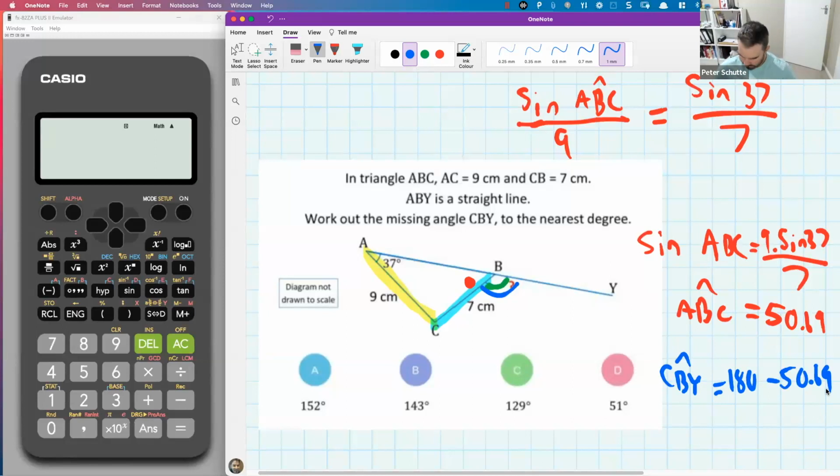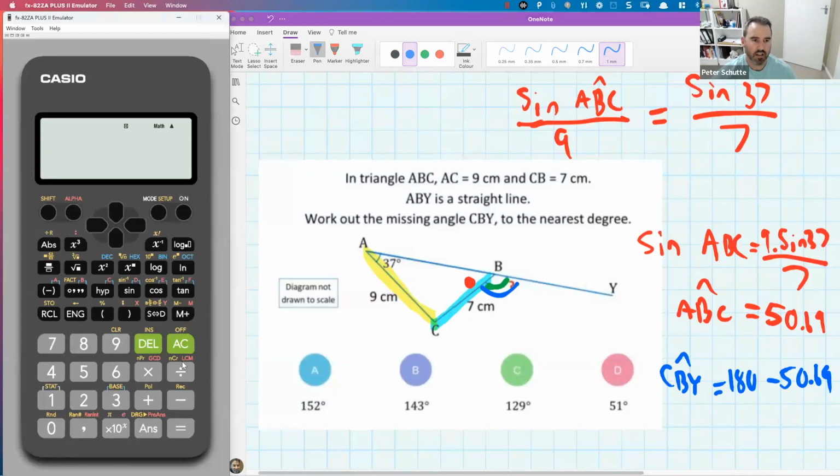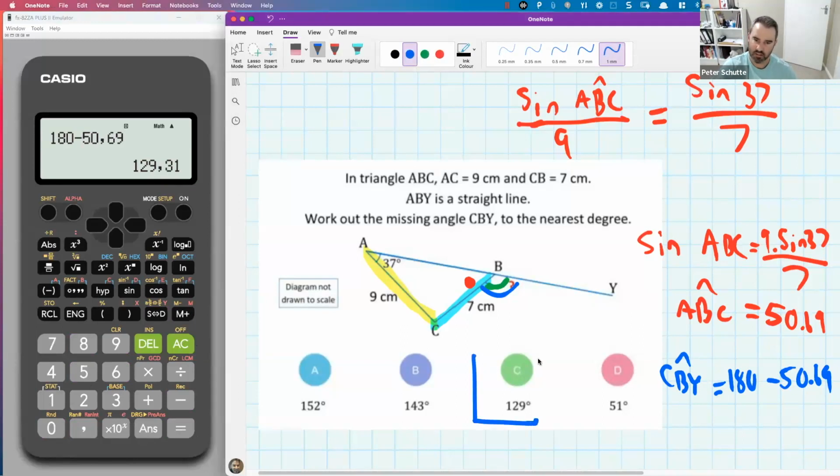And so let me use my calculator friend here, because I think it's the end of the night, so my brain is also starting to feel a bit like it needs a rest. 50.69 and 129.31, which means I'm going to get this over here. Yep. Now, just to point out, okay, I'll talk about the ambiguous case another time, but this is an example of that.